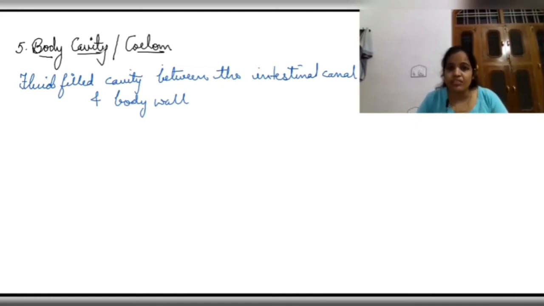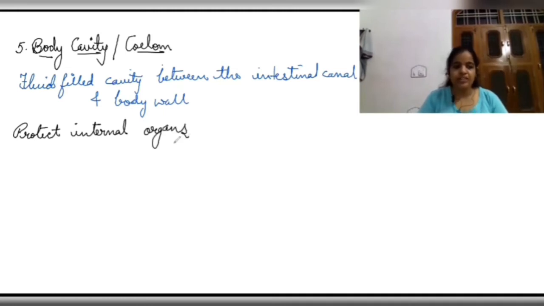So to protect these internal organs, they have the coelom, means a protective cushion. Then they are present as skeleton in case of worms. So three forms of body cavity or coeloms are there.